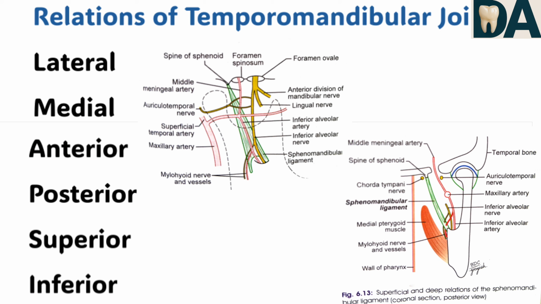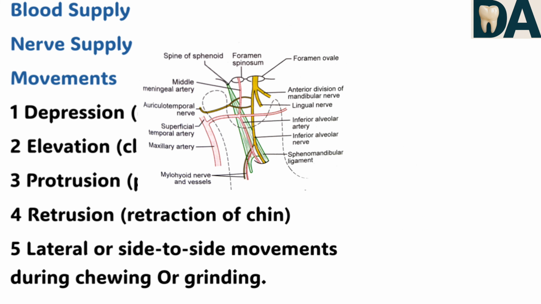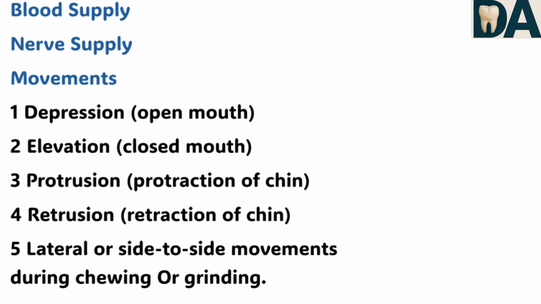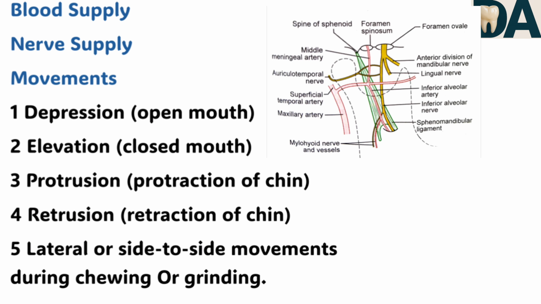Inferior relation: the maxillary artery and vein. Blood supply of the temporomandibular joint: there are two main sources, branches from the superficial temporal artery and the maxillary artery. Nerve supply: there are two main nerves, the auriculotemporal nerve and the masseteric nerve.